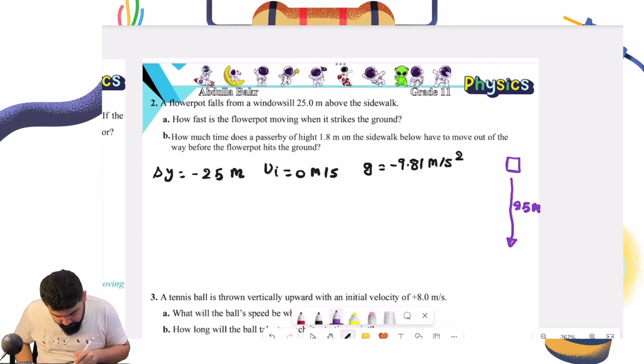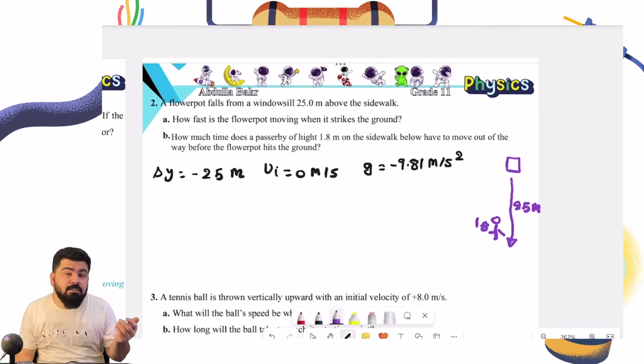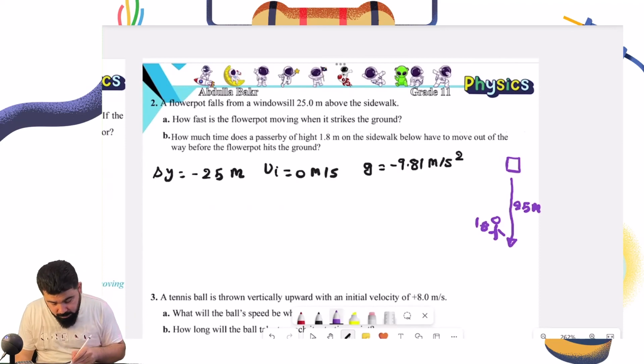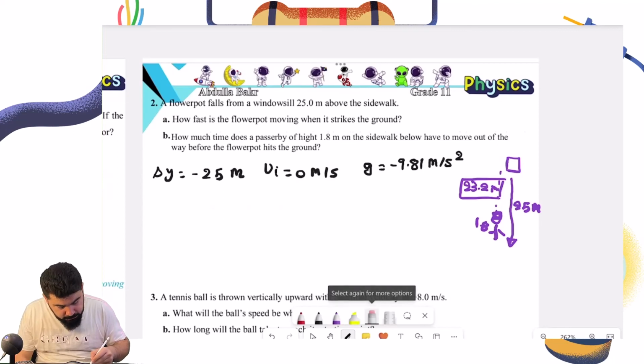Let's say this is somebody and his height is 1.8. We subtract that from the 25 until the pot hits his head. So 25 minus 1.8, we have 23.2 meters. That is our next delta y. So delta y this time is equal to negative 23.2 meters.